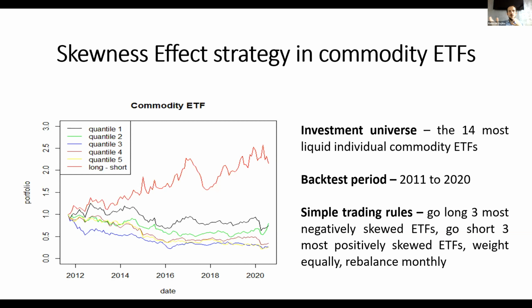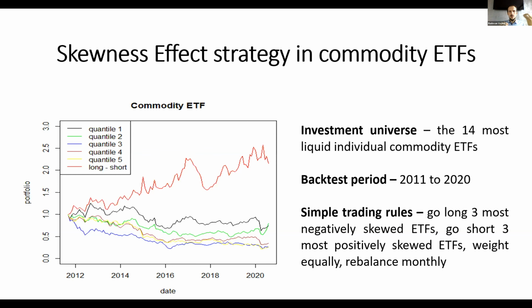We picked the 14 most liquid individual commodity ETFs, like ETFs for US oil, natural gas, gold, silver, platinum, palladium, and so on. And we built the trading strategy with the simple rules of going long the most negatively skewed ETFs and going short the most positively skewed ETFs.